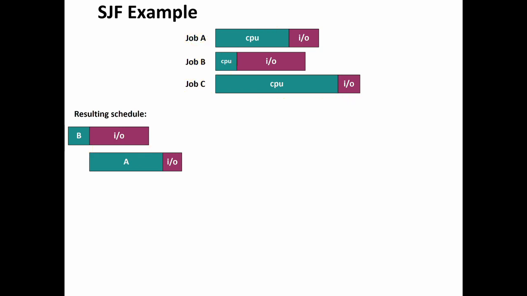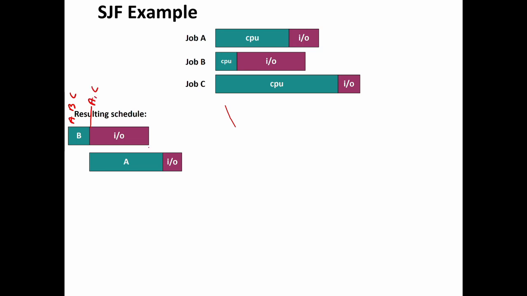At this time I have A, B, and C all in the ready queue, and when the scheduler is running, I have only A and C in the ready queue.